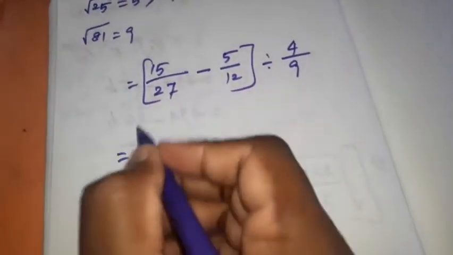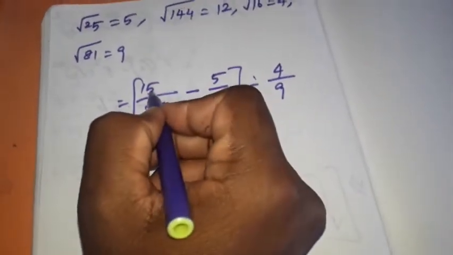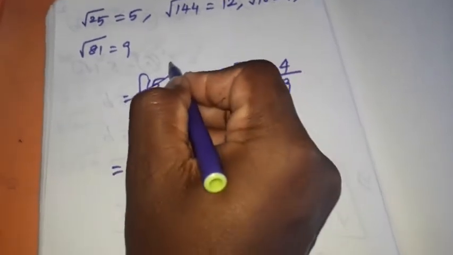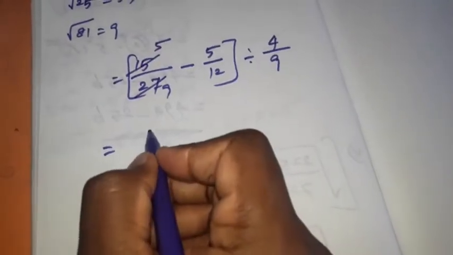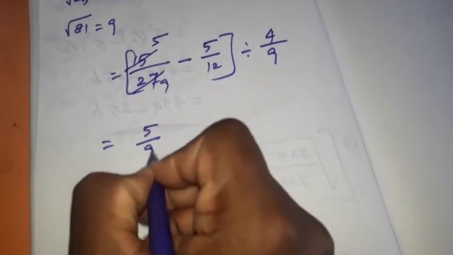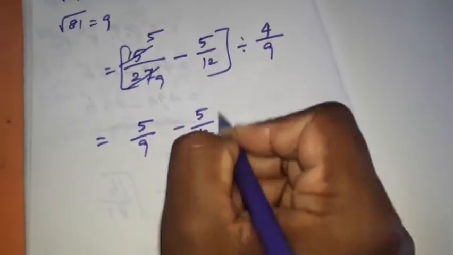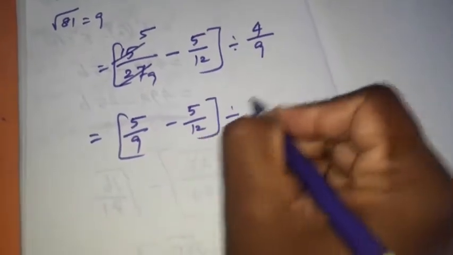Now cancel. The 3 table is common: 5 3s are 15, 9 3s are 27. So we get 5 by 9 minus 5 by 12, whole divided by 4 by 9.